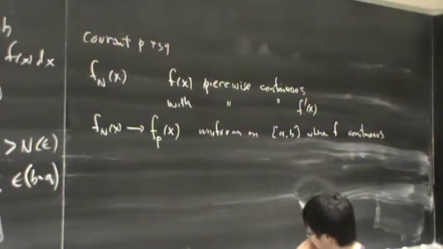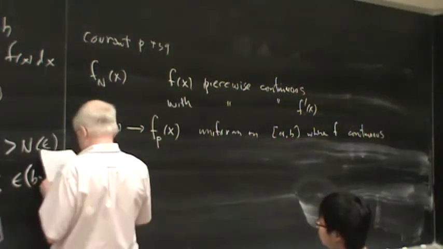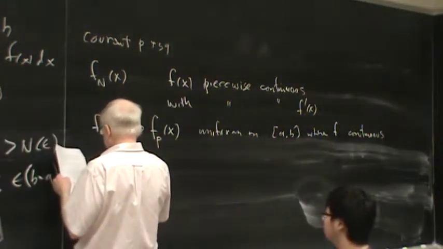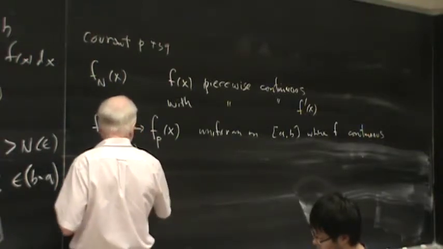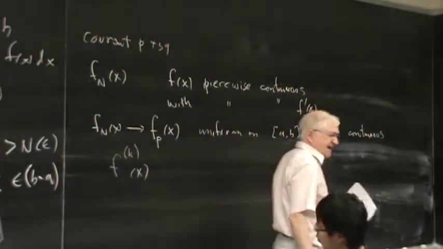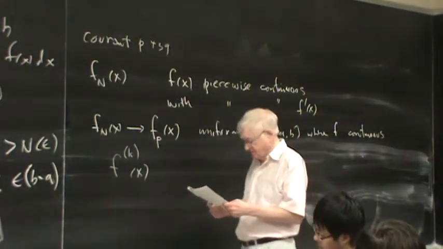So, now let me say some things that are a little bit technical here. The kth derivative of a function, I'm going to write this way, f parenthesis k. That means you're differentiating k times.